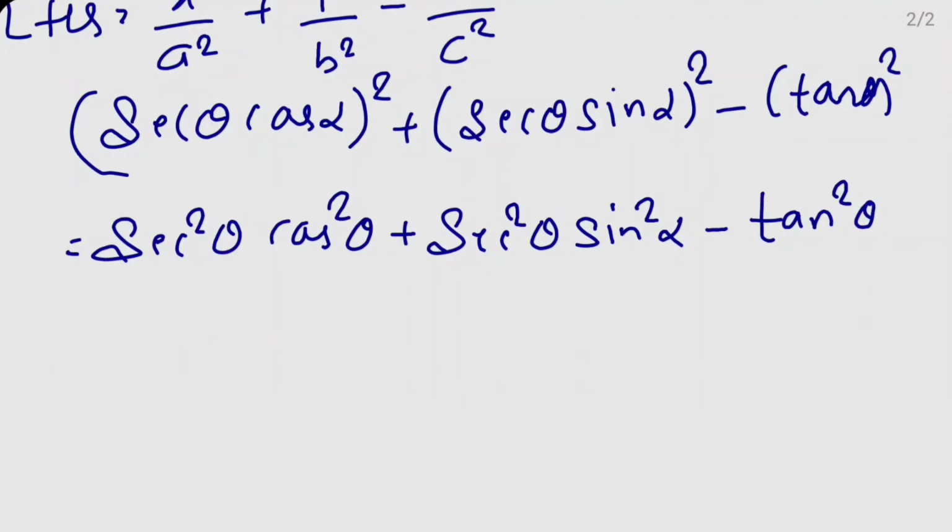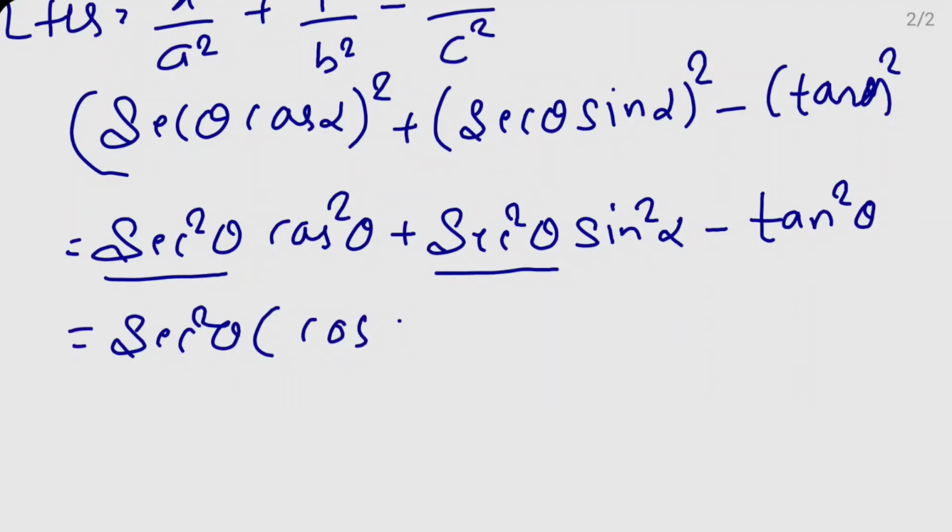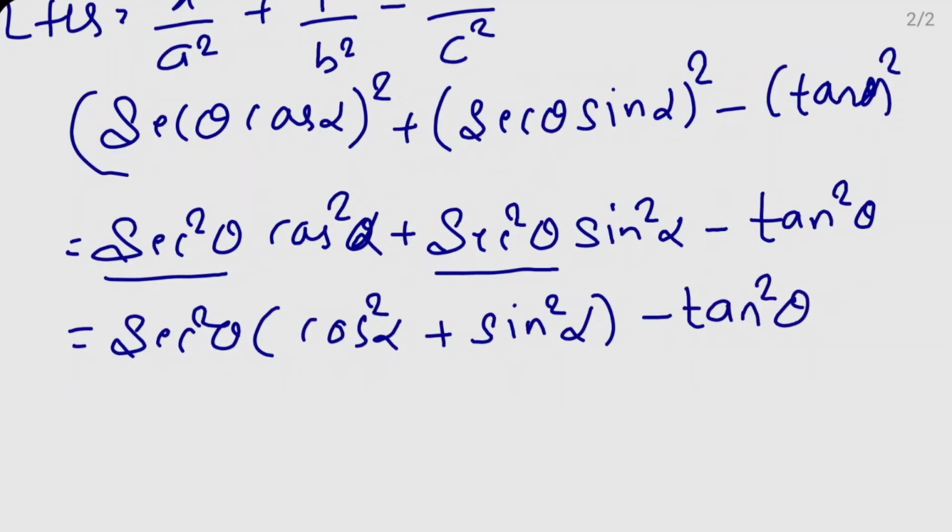And look at here, here is a sec square theta and here also sec square theta. In these two terms sec square theta is common, so take sec square theta outside, and the remaining terms are cos square alpha plus sin square alpha, minus tan square theta.